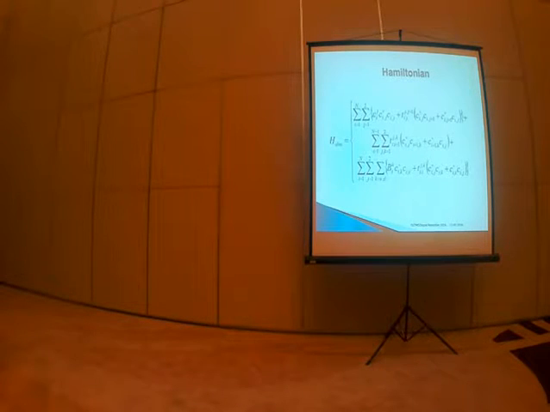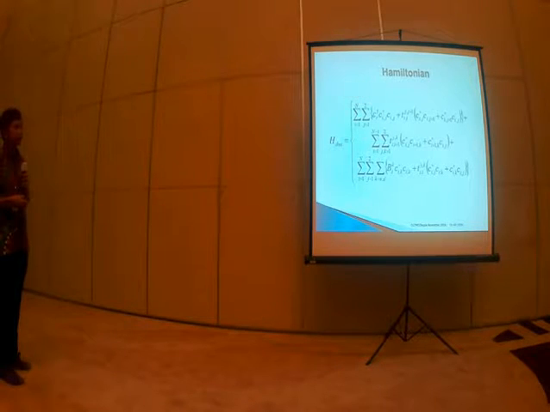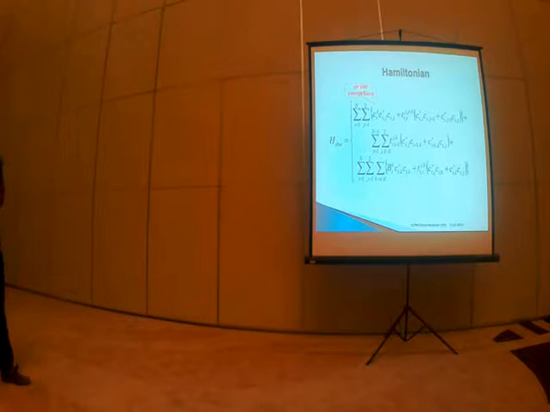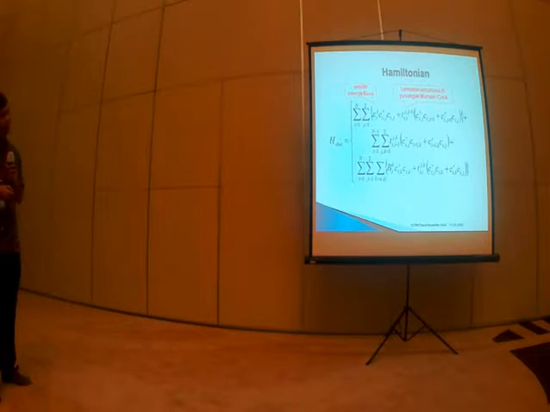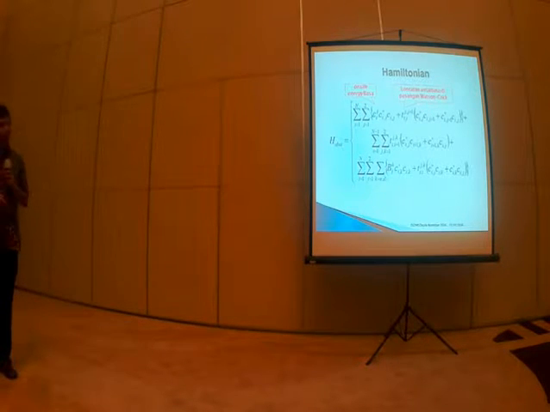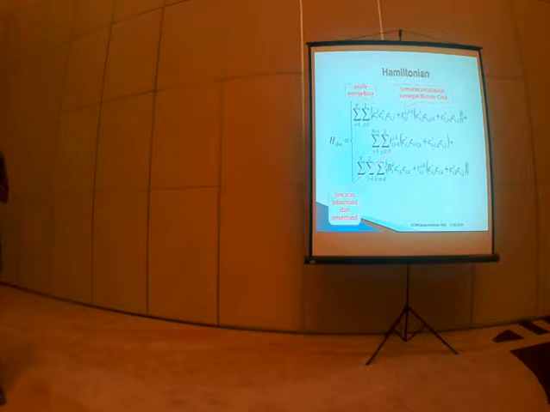And the tight binding Hamiltonian model of DNA can be represented as follows. This term is the on-site energy, and this one is the interstrand hopping in between two concentric base pairs, and this is the intrastrand hopping.